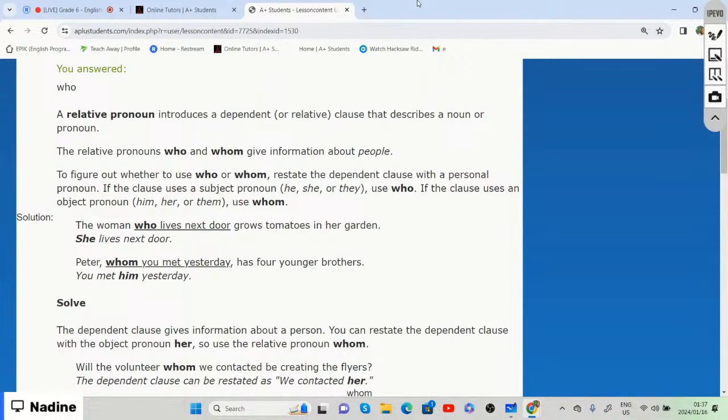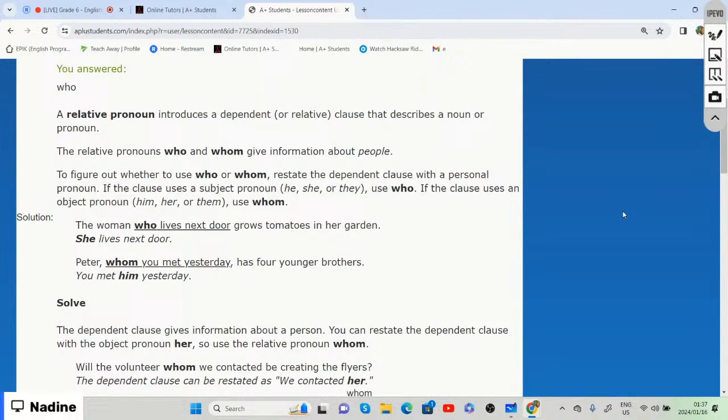If the clause uses a subject pronoun, then you use who.